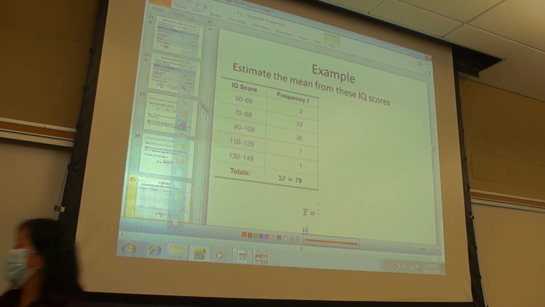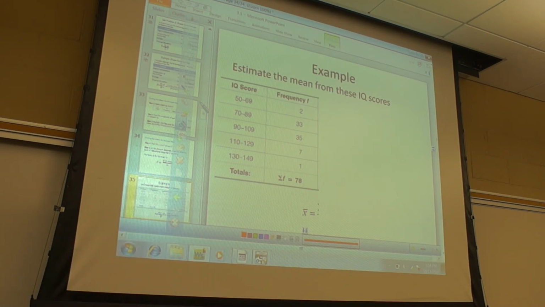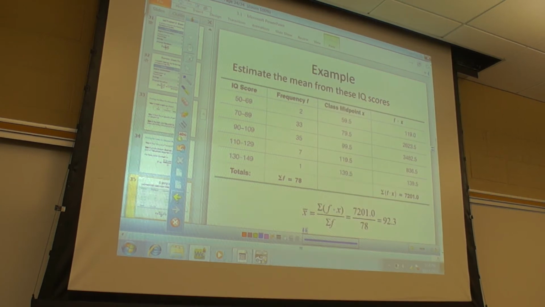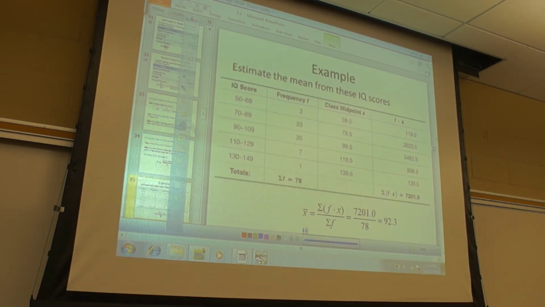So here's the problem. I've got from 50 to 69. If I pick a spot over here, they might be over here. If I pick a spot over here, then they might be over here. So the reason why we pick the midpoint is because it cuts your error down, right?